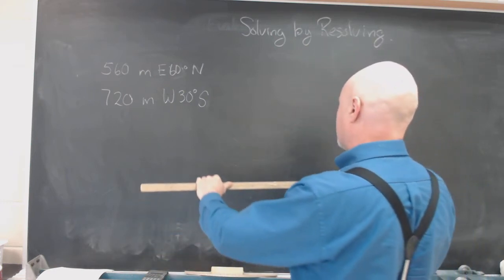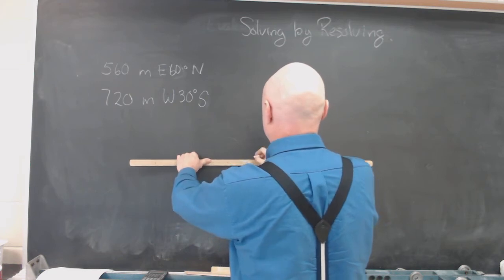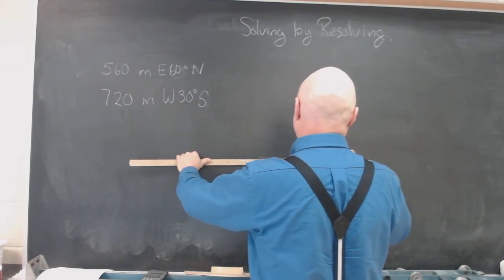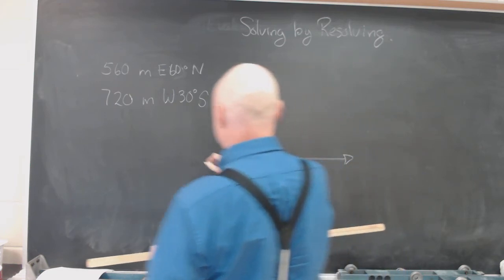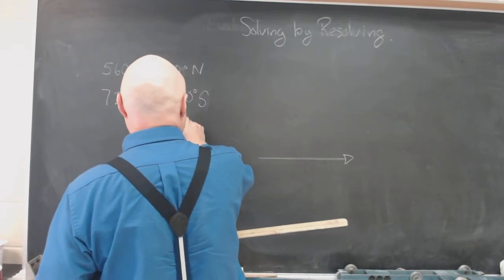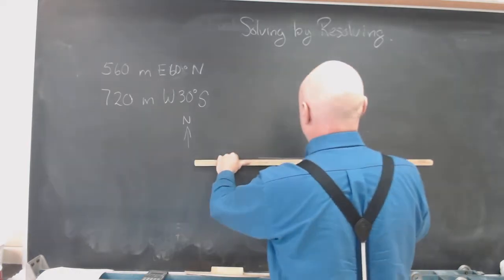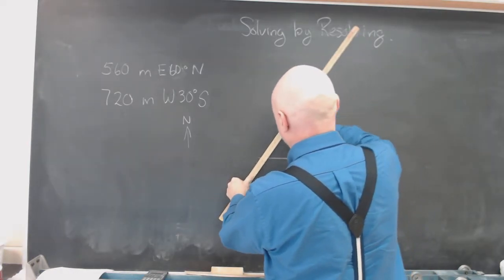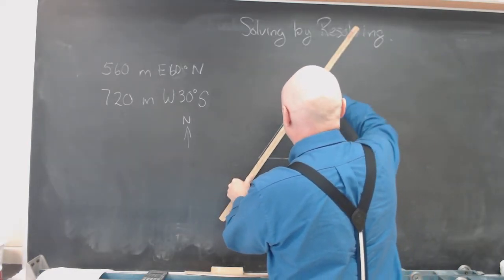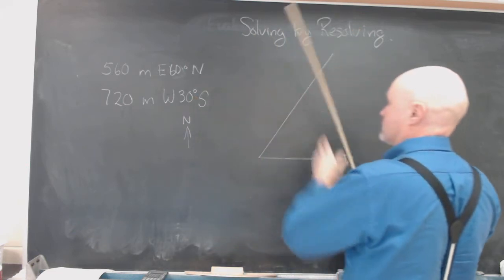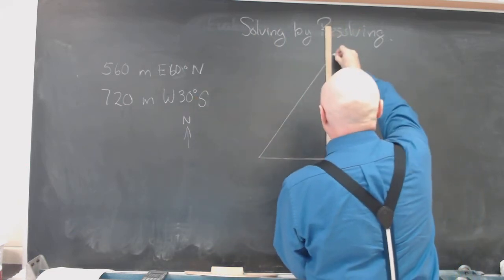Now, what east 60 degrees north actually means is that we are going to be starting from the east, which is by convention to the right, and then we're going to swing up 60 degrees to the north.